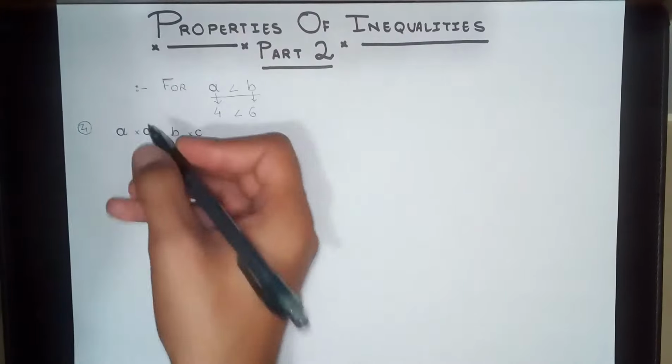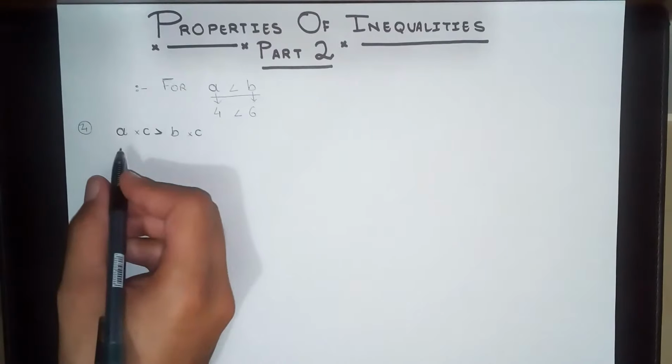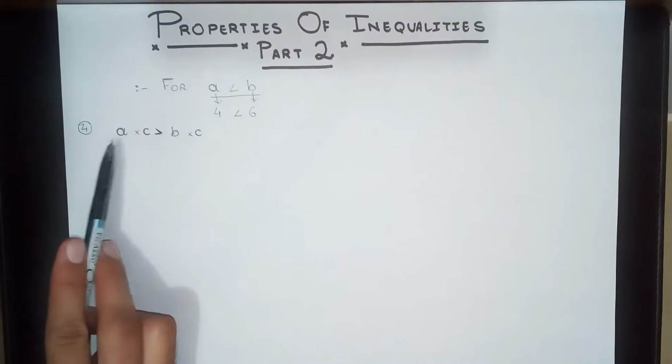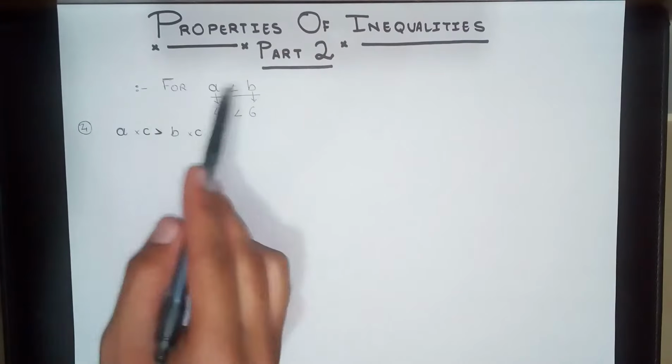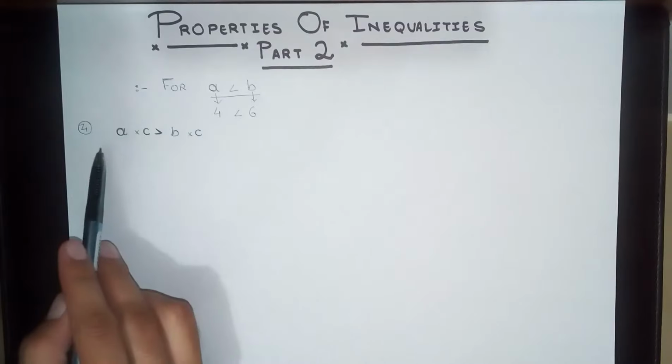The symbol flips. So what actually is it telling us? This is telling us that if you multiply A with C and B with C, the sign changes. Before this A was less than B, now A is greater than B.